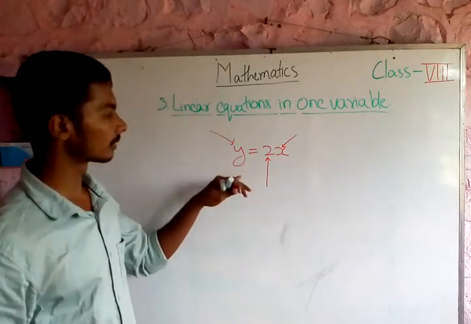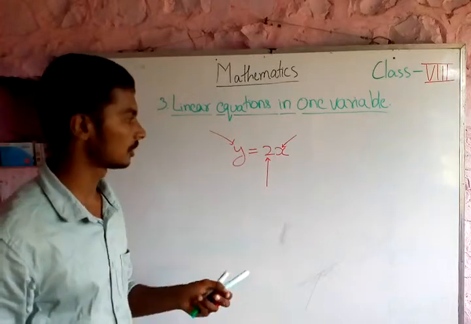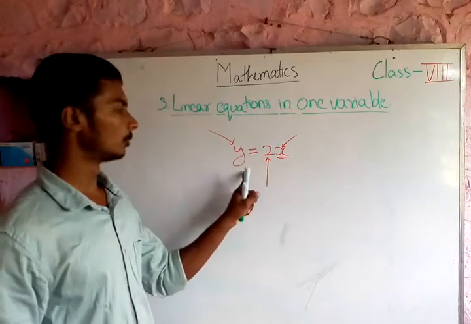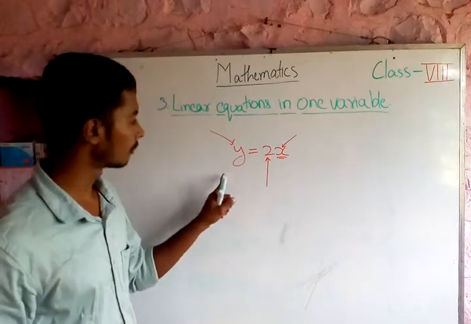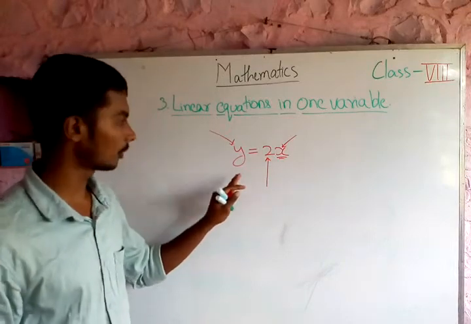Then where are the values of these symbols changing in this case? Now see here, if you take any value for x, you will get the corresponding value for y.